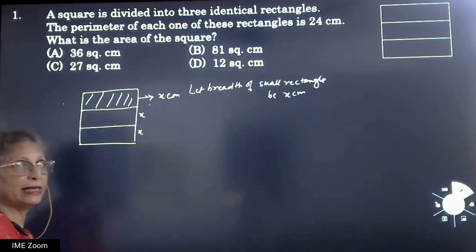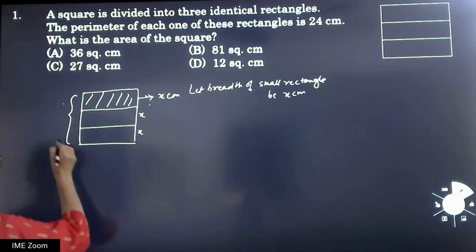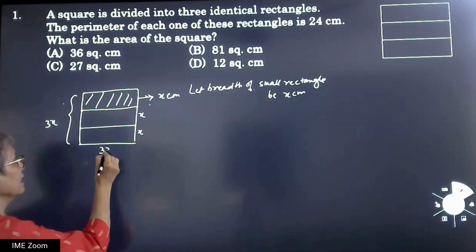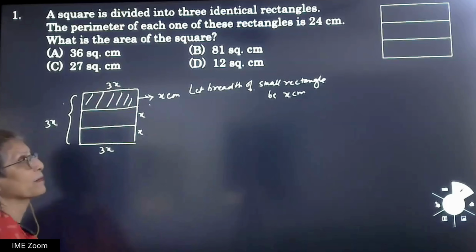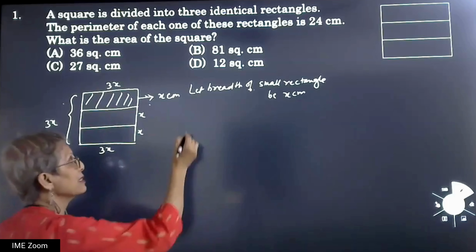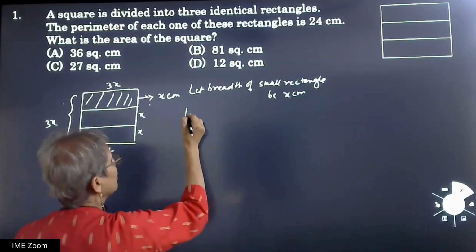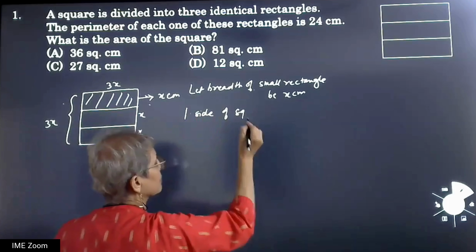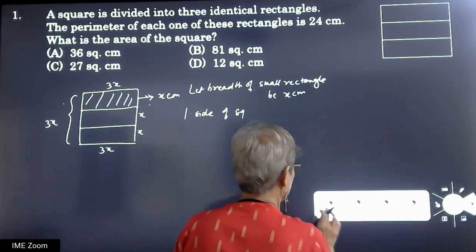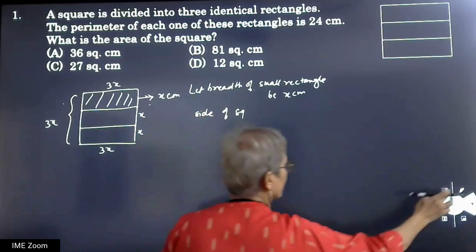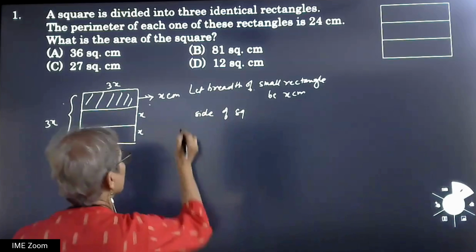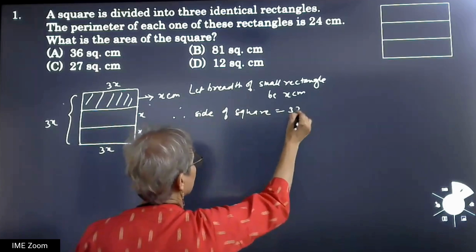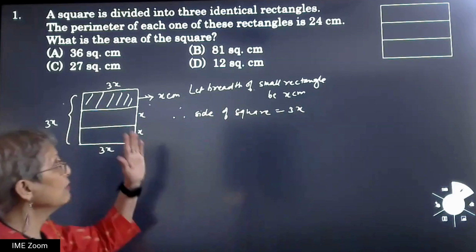So the total has become 3x. And because the original figure is a square, all these are 3x. Therefore, the side of the square is equal to 3x.